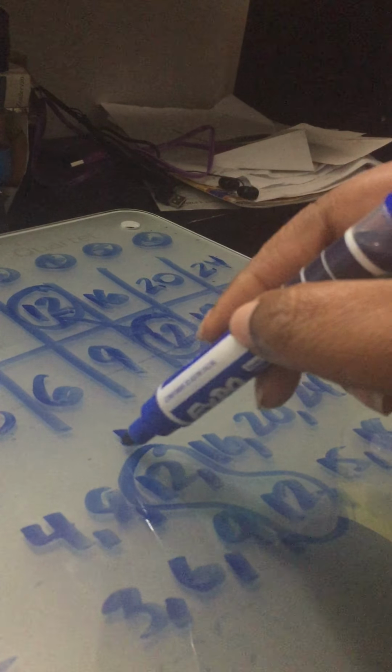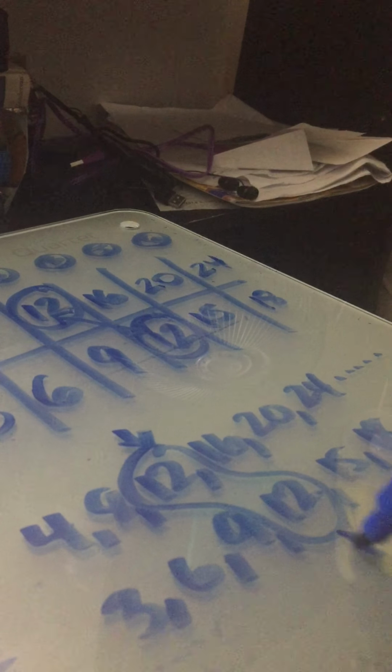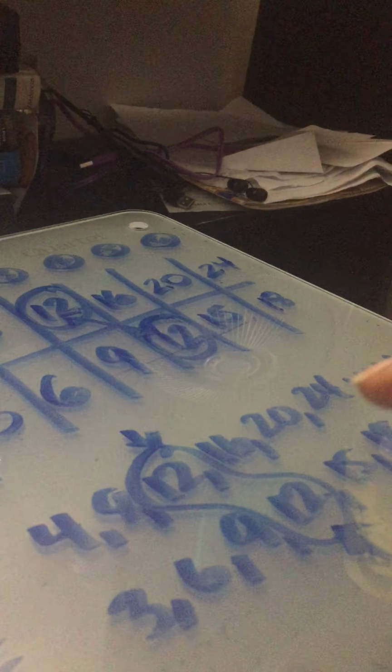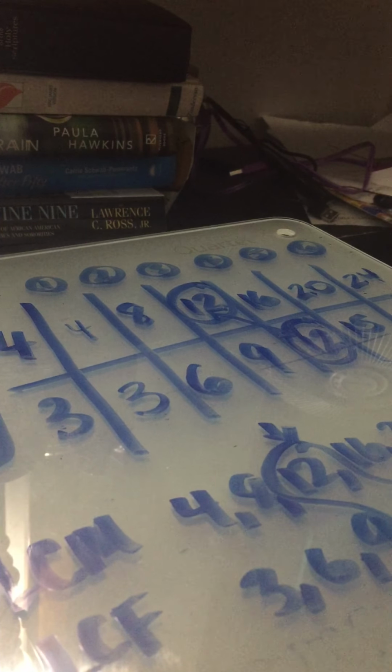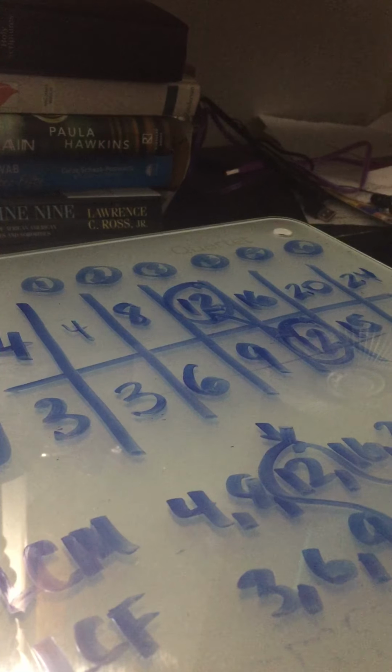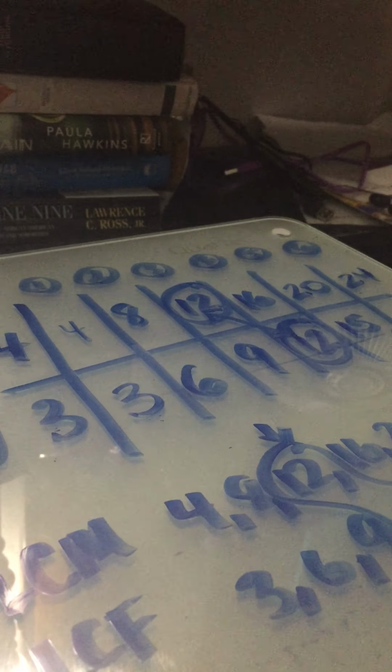So 12 is the amount of movies they would have to buy in order to get the $5 coupon and also the bag of popcorn. So I did it 2 ways. I made a chart and also I listed the least common factors or multiples.